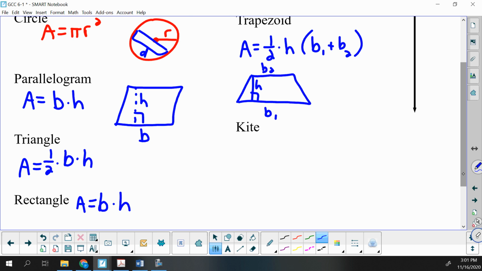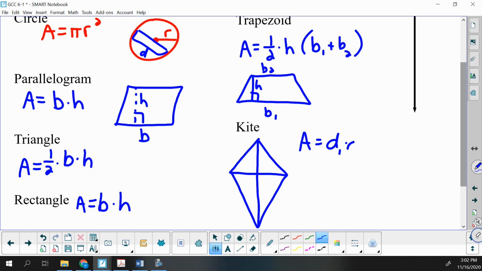And a kite is basically like two isosceles triangles, so something like that. And your area formula for a kite is diagonal 1 times diagonal 2 over 2. So diagonal 1 would maybe be that whole thing. Diagonal 2 would be that whole thing.